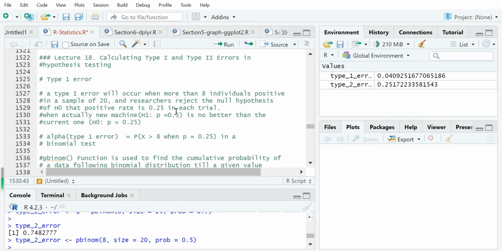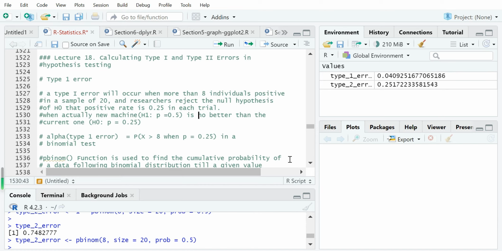And we want to test the hypothesis: H0 is true, or maybe rejection of H0. If we get more than 8 positive in a sample of 20, then we will reject. So 8 is the critical line, the critical limit.